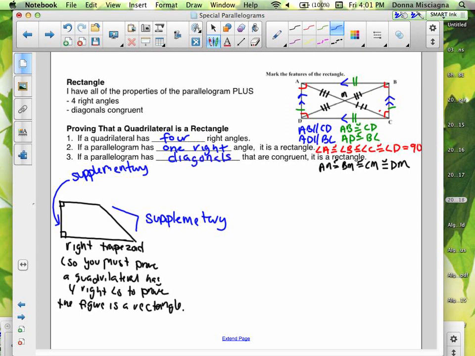All right, so both method 2 and 3 above require you to prove the figure is a parallelogram first.